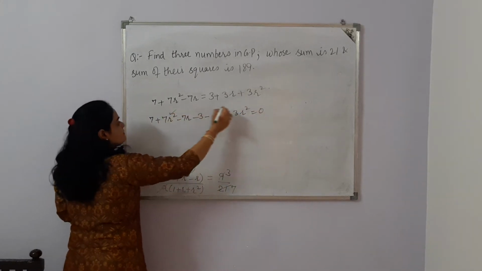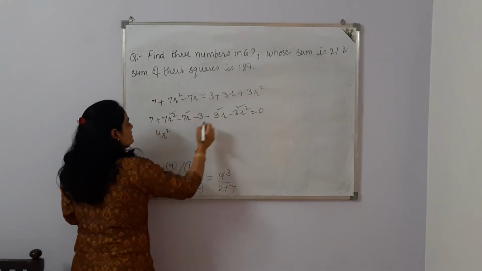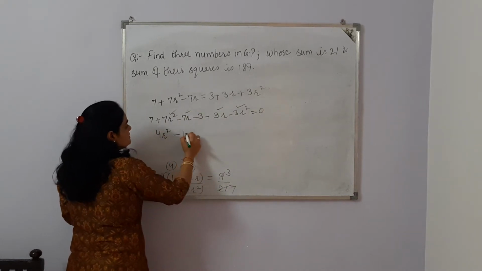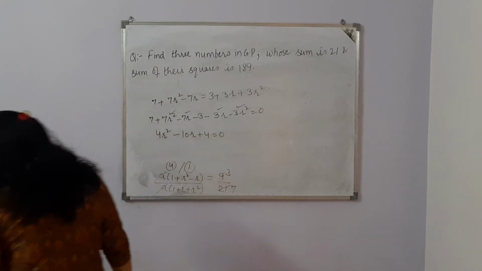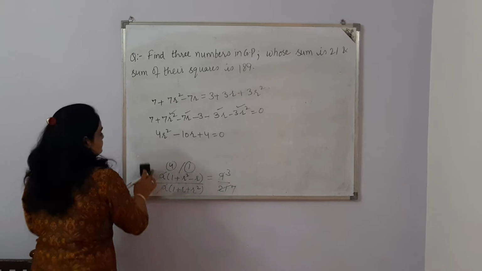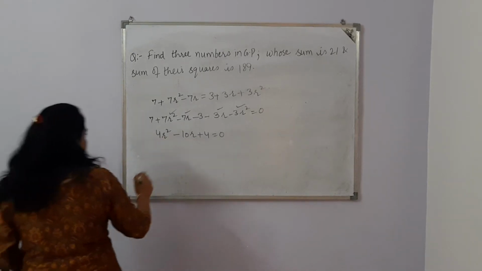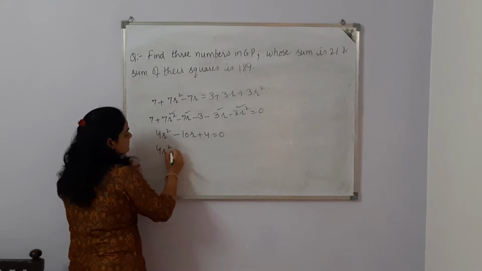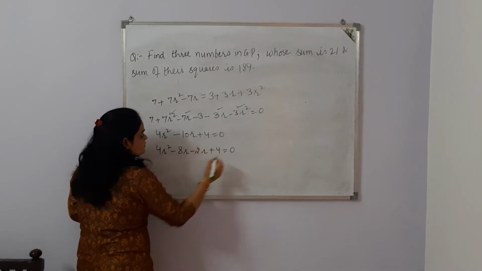It is 7r square minus 3r square, which is 4r square, 7r minus 3r, which is minus 10r plus 4 equals to 0. Minus 8r minus 2r plus 4 equals to 0.